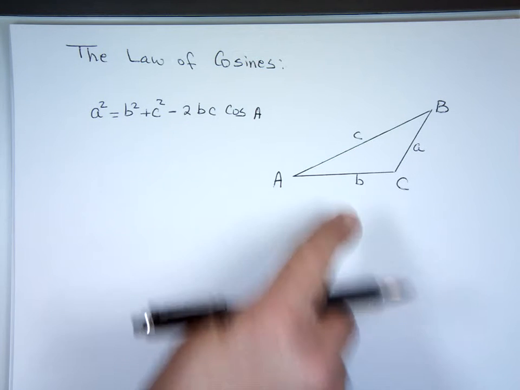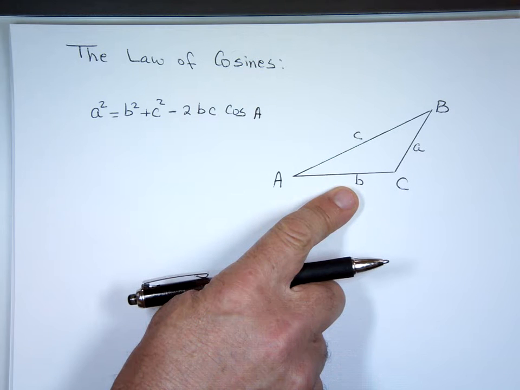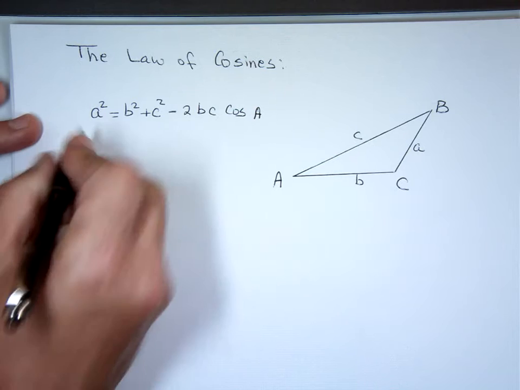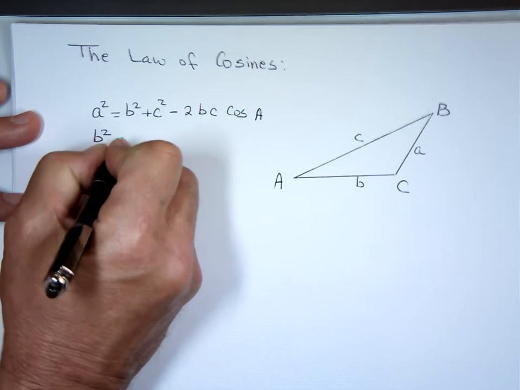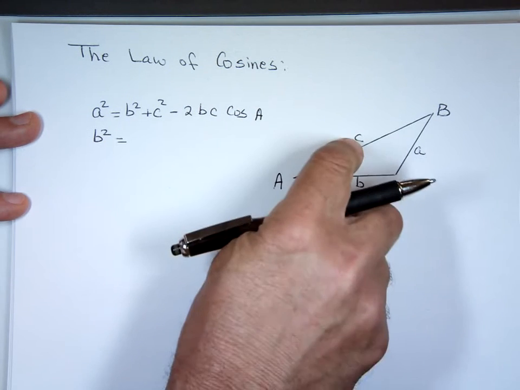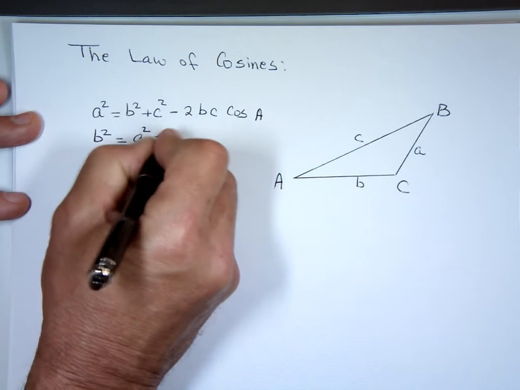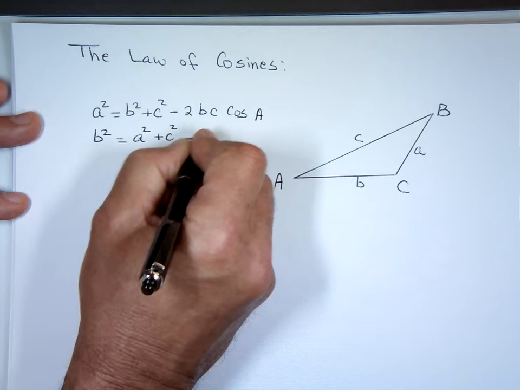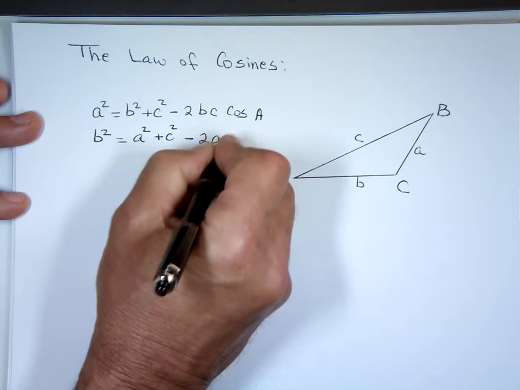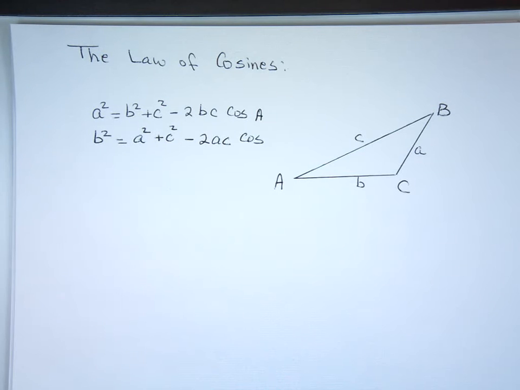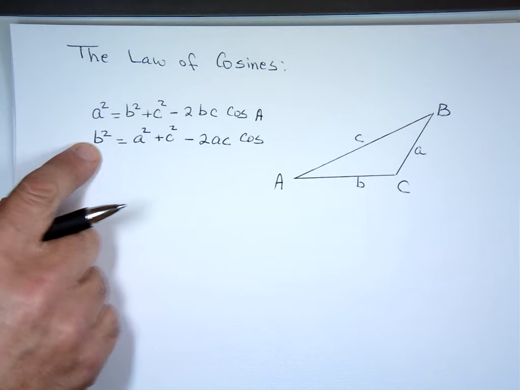Or, if you want to use that side, B squared, it's equal to, that's this side, it's equal to this one squared plus that one squared. And it's always minus 2 times the product of these two times cosine the angle between A and C. Or this angle, whatever that angle is.